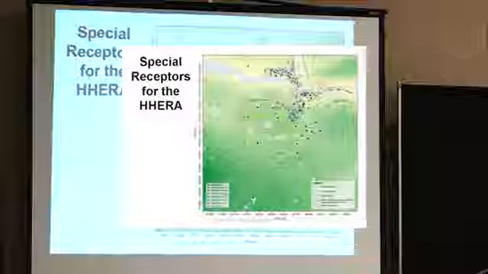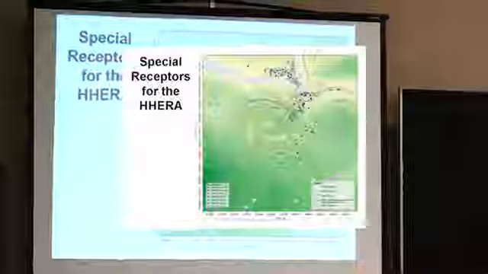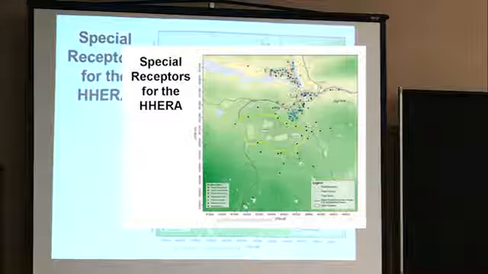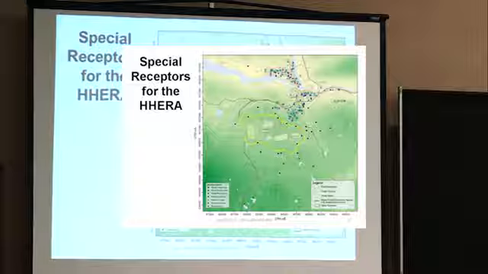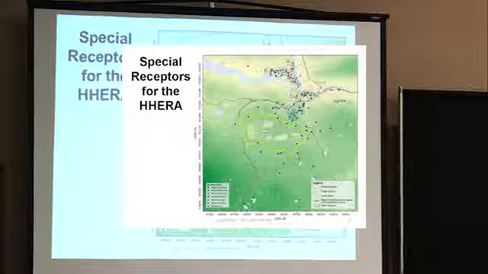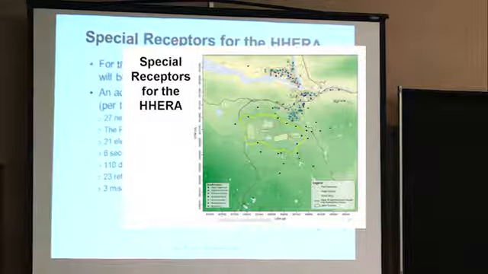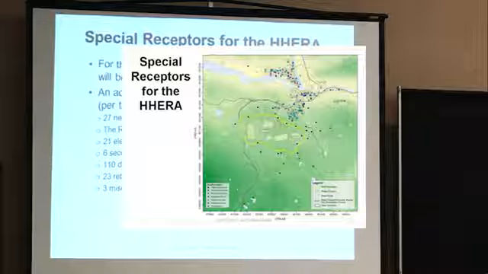This map shows the special receptors of interest that were added to the modeling grid to support the human health and ecological risk assessment. So the dots on this map are the locations of the facilities listed on this list. Oh, so other facilities, in other words, that could be creating something.